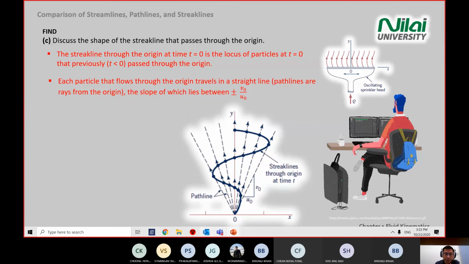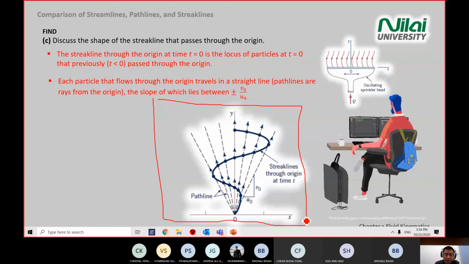You copy down this diagram. Just draw out the shape. You start with the x and y axis, and then you draw the path line.